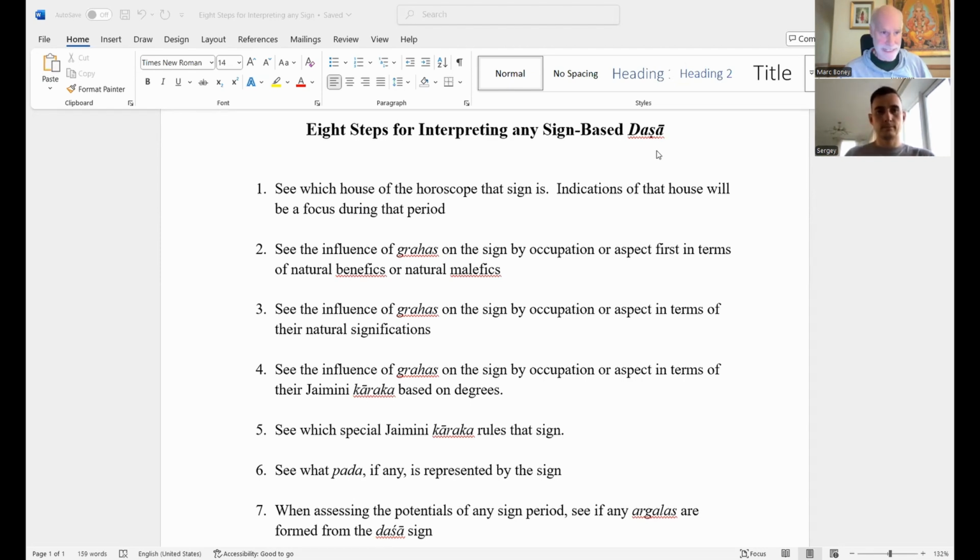So the next thing we want to see in step 2 is to see a particular sign that you're running at any time, whether by occupation or by aspect, is it getting the influence of natural benefics or is it getting the influence of natural malefics?